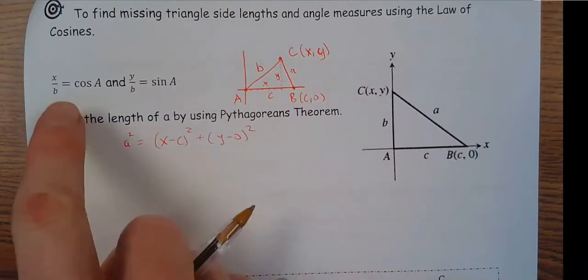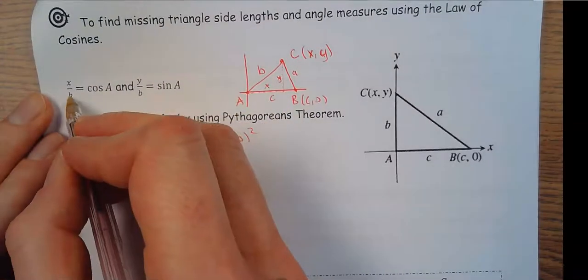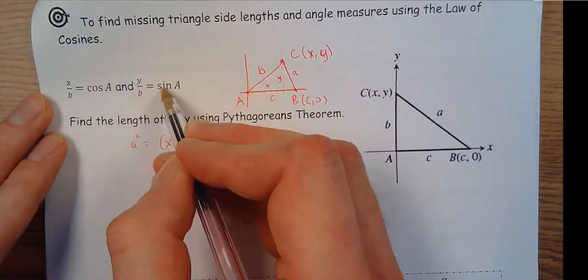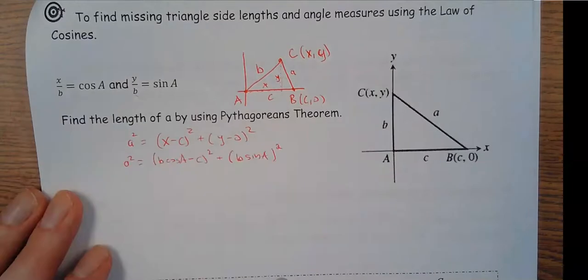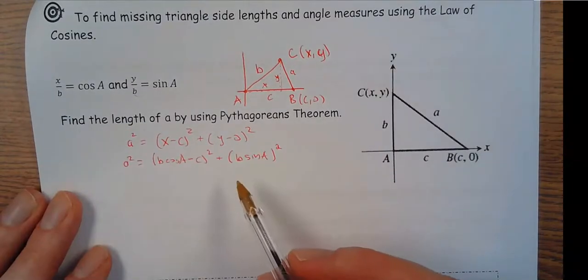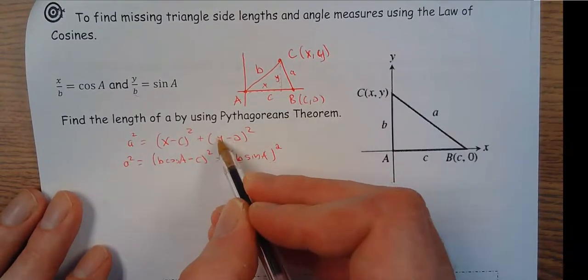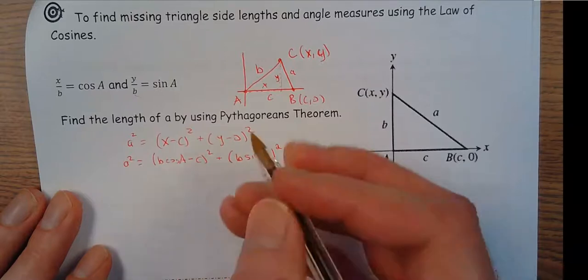Now keep in mind that x is b cosine A and y is b sine A. I plug those in for x and y, and since it's minus 0, that's really just b sine A squared.